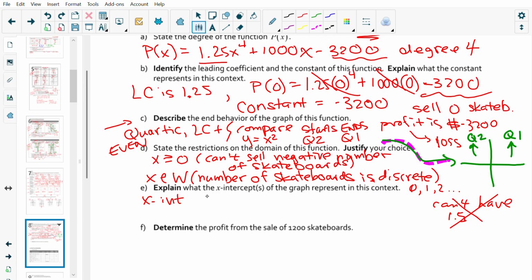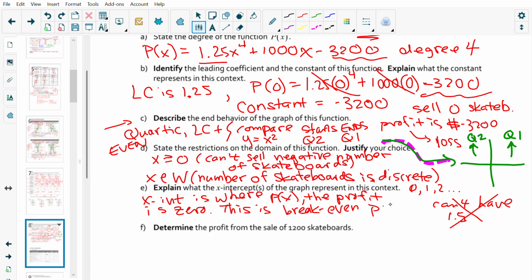Explain what the x-intercepts of the graph represent in this context. X-intercept is where P of x, the profit, is 0. This is the break-even point.